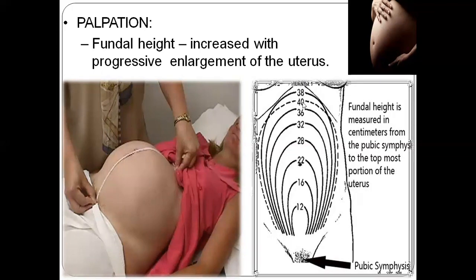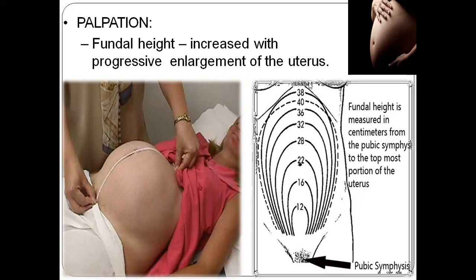You can see by the 40th week, the uterine height, the fundal height, is coming downwards. So the mother will feel relieved. This is known as lightening. The mother will feel very light. Before that, by the 38th week, she felt very uncomfortable because of the compression of this uterus towards the diaphragm.